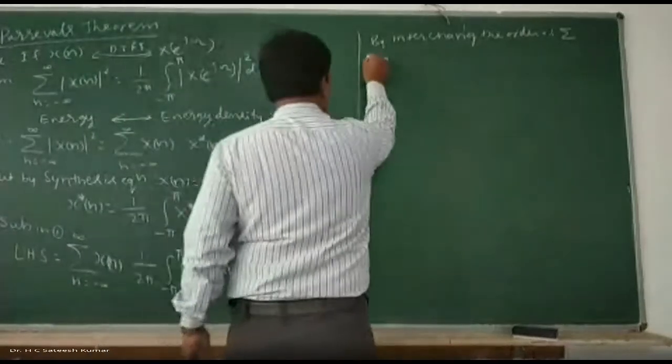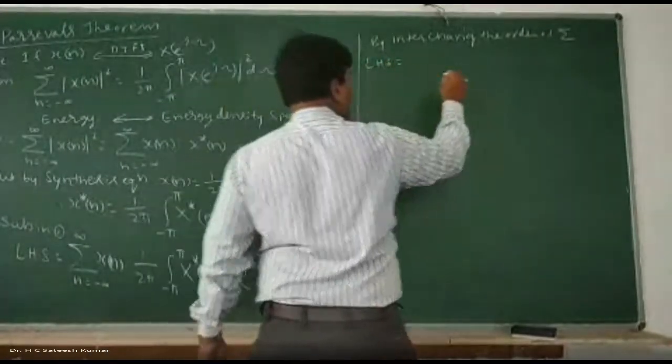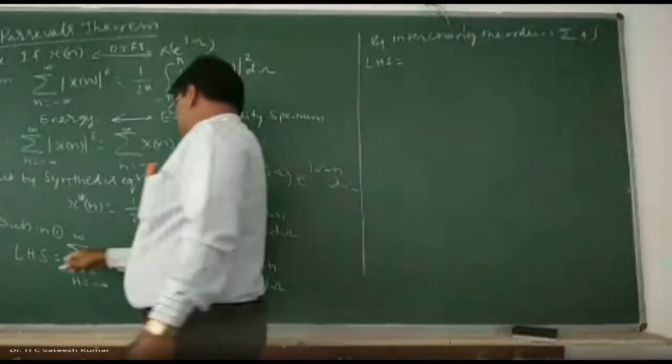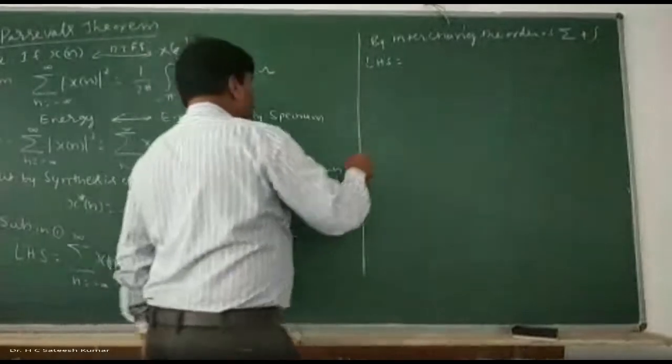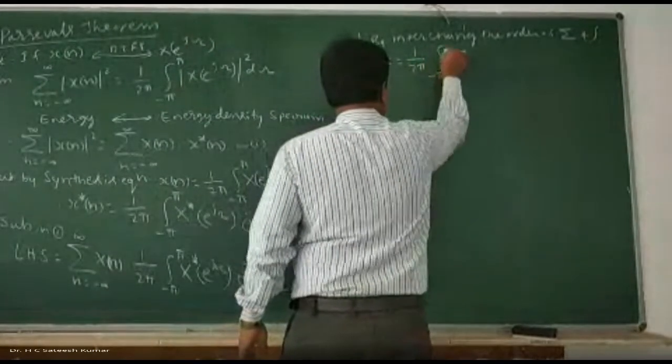LHS is equal to summation and integration. One integration is there, one summation. You change this. So what will you get? 1 over 2 pi into this constant, keep it outside. Integration from minus pi to plus pi.